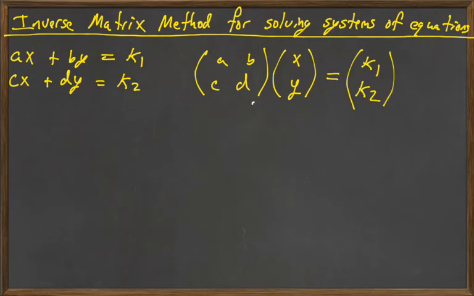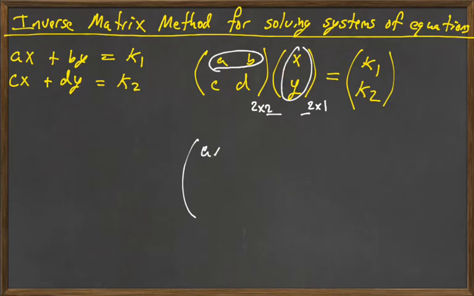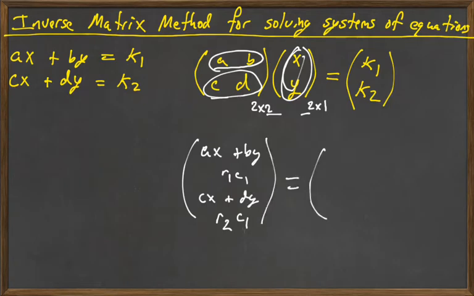So this is a 2 by 2, and this is a 2 by 1. And so that product is defined, and so if we multiply them, we'll do AB times XY, so that'll be AX plus BY for our row 1, column 1, and then our row 2, column 1 will be CD times the XY, so that'll give us CX and DY, and that'll be equal to K1 and K2.